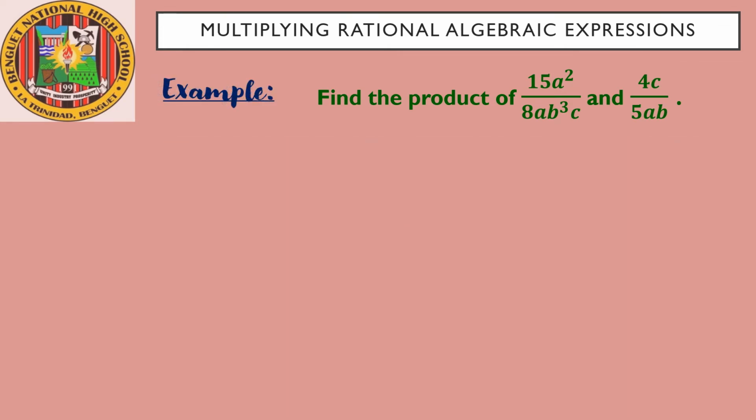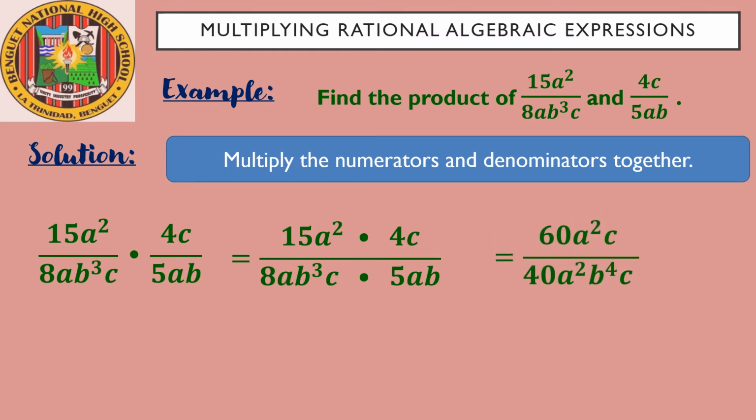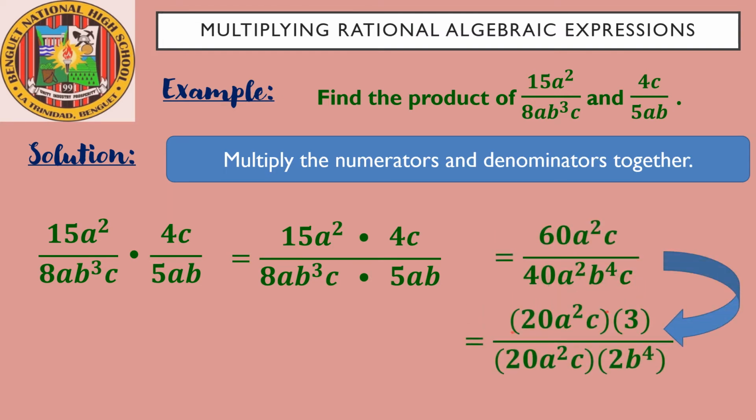Another way to solve this problem is by simply multiplying the numerators and denominators together. But doing that gives us expressions with larger numbers and variables with high exponents. Eventually, we have to simplify our answers by factoring out the expressions and canceling out common factors, which still leads us to the same answer as we got in the previous method.